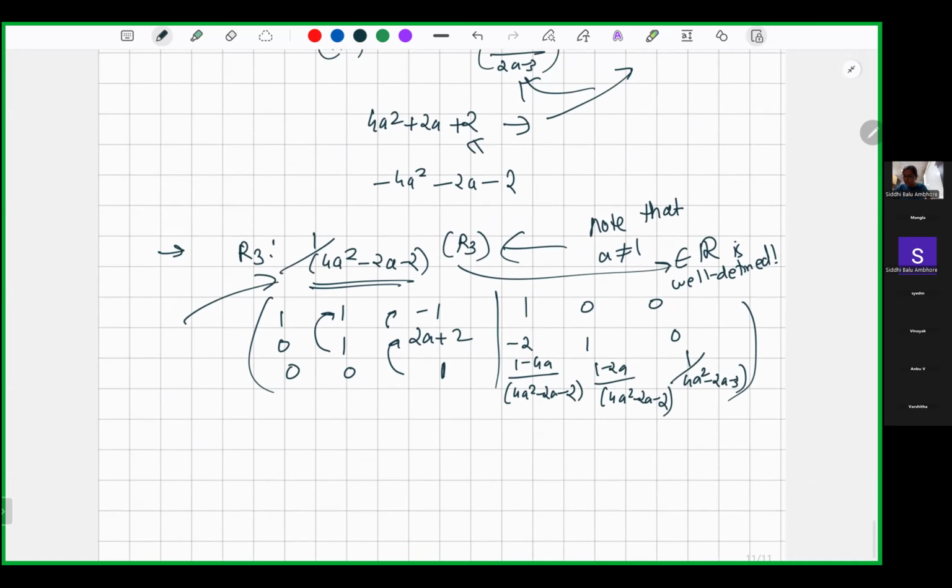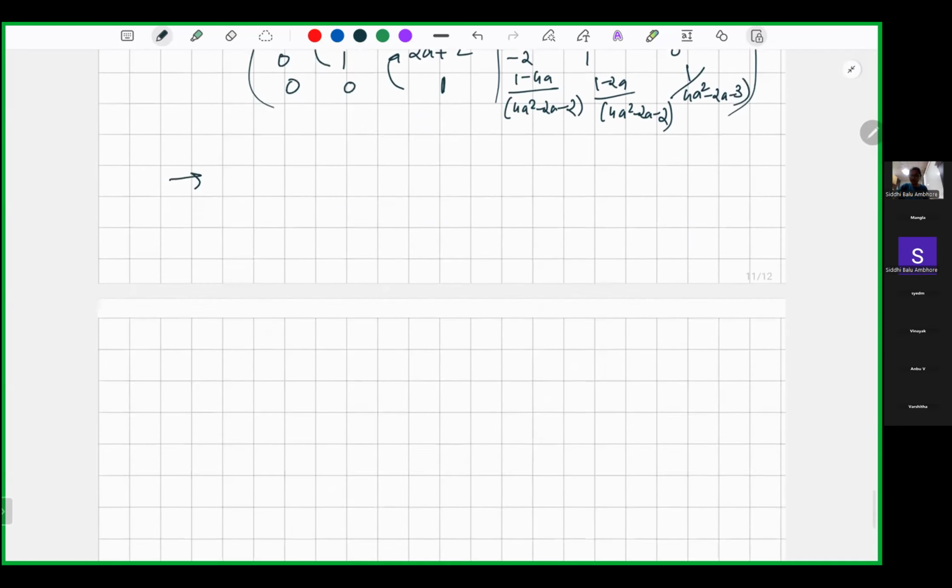And apart from that, I hope you got the idea of how we are going to move further. Using this one, the next operations will be just subtraction.